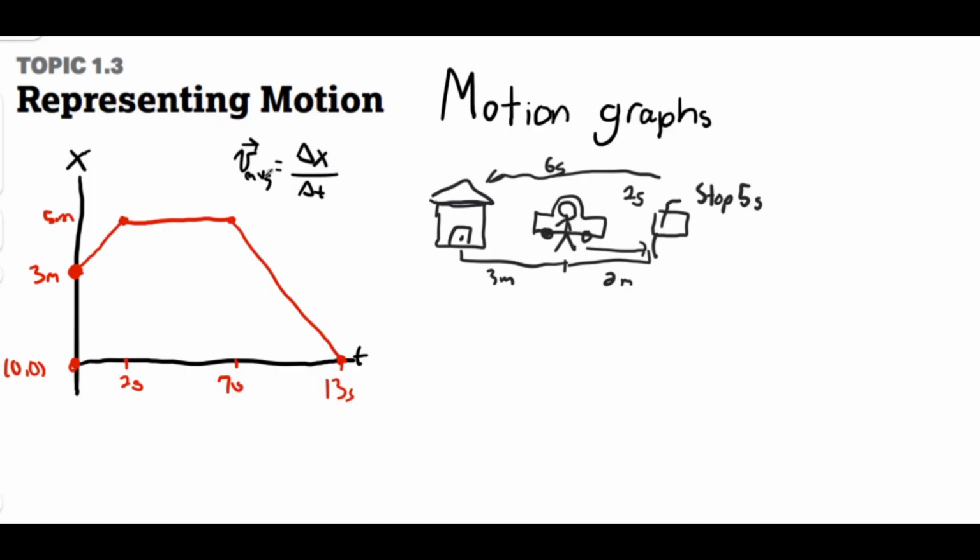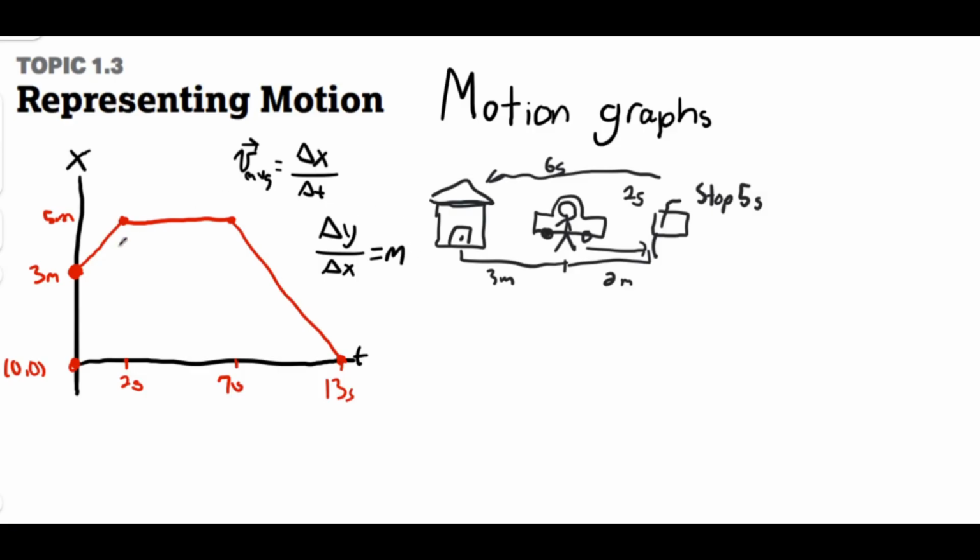So this might look familiar to you from your algebra class. Since x is on the y-axis and time is on the x-axis, this is the change in our y variable over the change in our x variable. And that's just the slope.